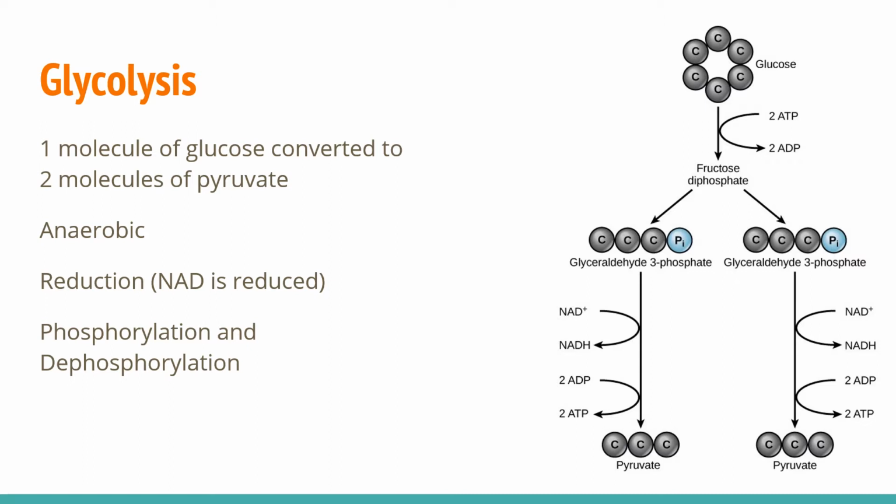So glyceraldehyde 3-phosphate has the phosphate group, and in a dephosphorylation, ADP is going to harness that phosphate group away from glyceraldehyde 3-phosphate and thus make pyruvate. So glyceraldehyde 3-phosphate is dephosphorylated to make pyruvate, and similarly, the ADP molecule is phosphorylated because it's gaining the phosphate group.